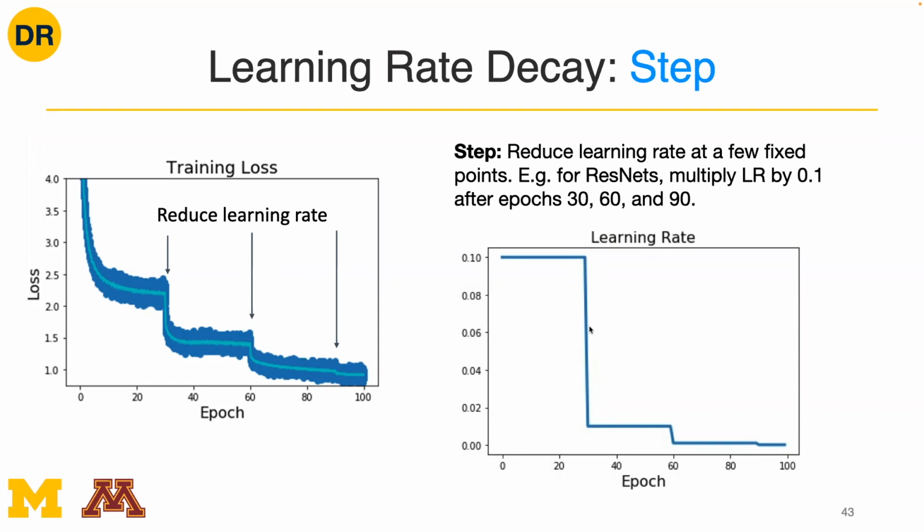Usually you might see a factor of 10 decrease at specific epochs during training. At those epochs, the hyperparameter was chosen such that the learning rate would be multiplied by some factor, like 0.1 or maybe 0.05.